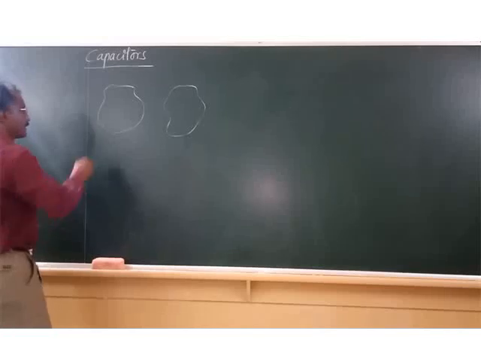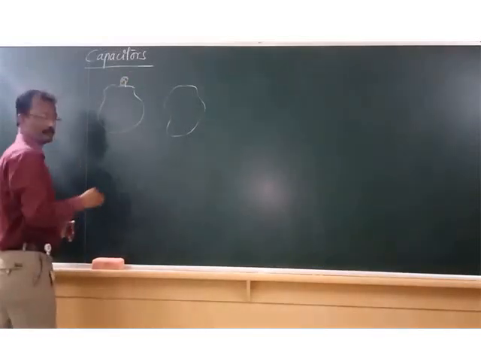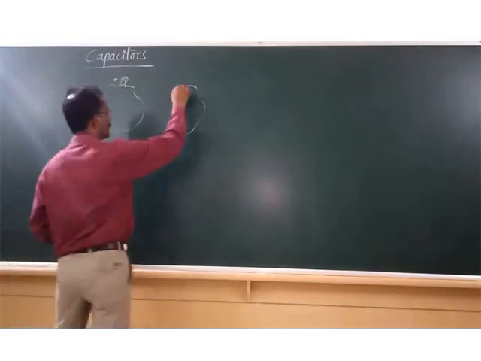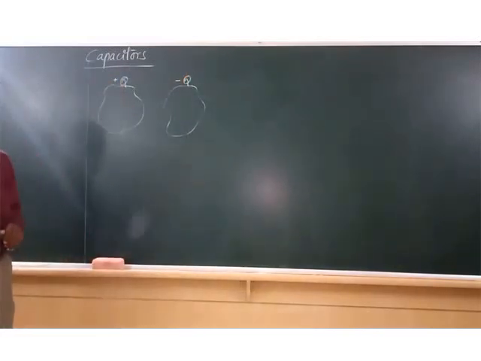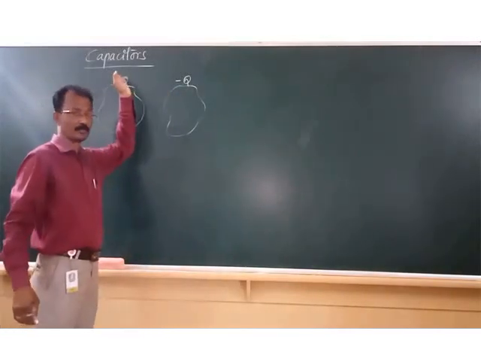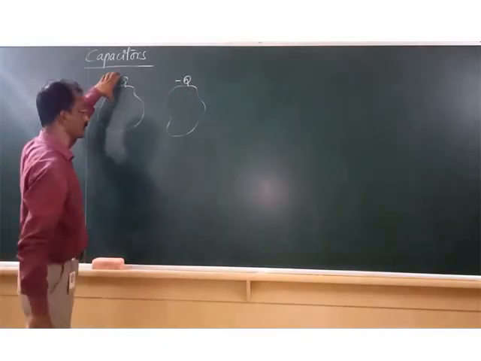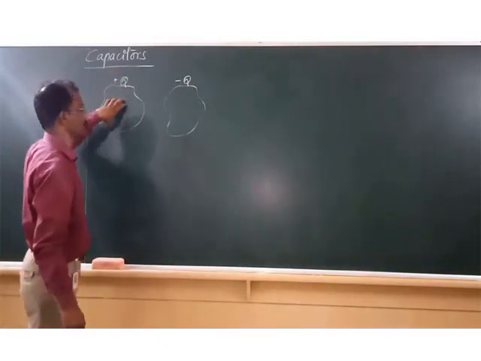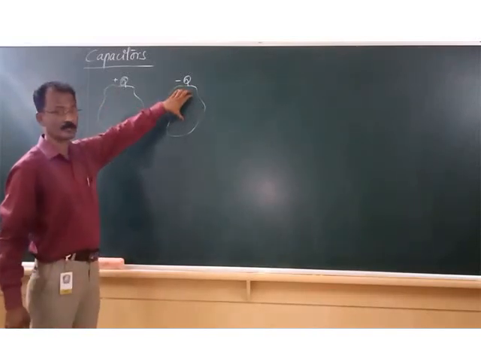See, when a charge plus q is given to this plate, a charge minus q is induced on the other plate. The charge on these plates is q in magnitude, but opposite in nature. Here charge q is given to this conductor, but negative charge is induced on the other conductor.